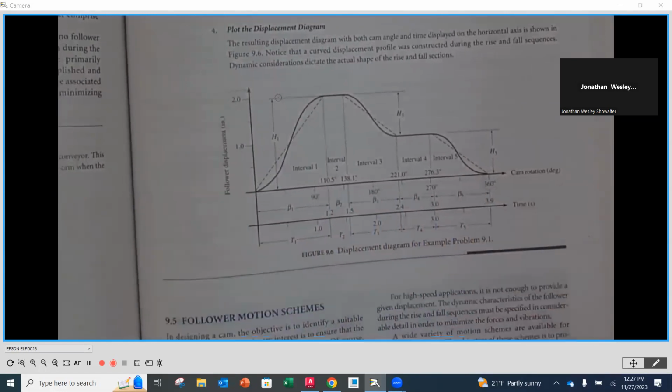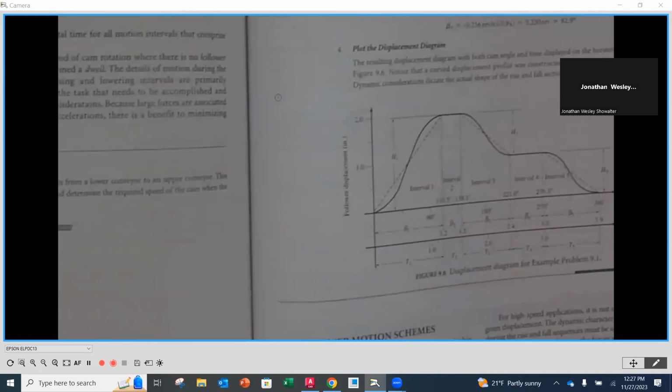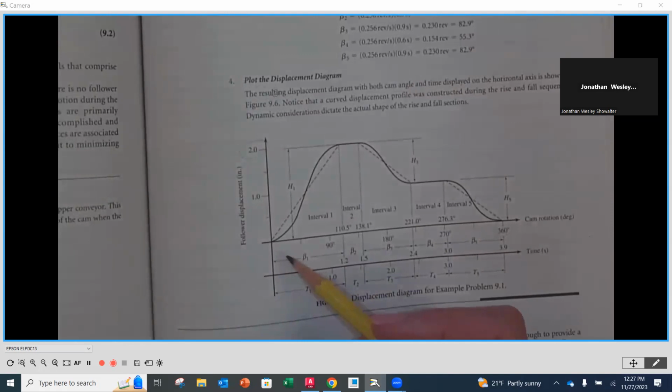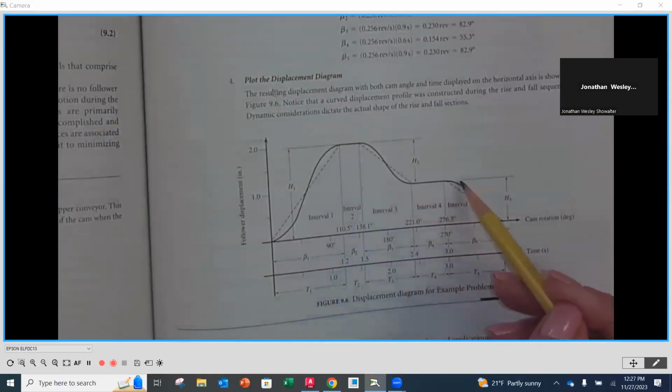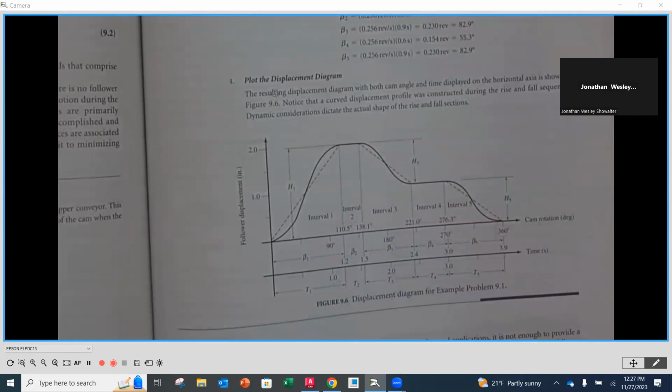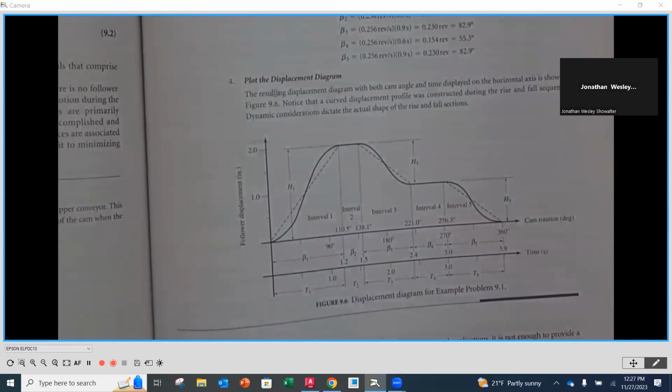But because of the lobe that this has, as this rotates around, this is what's going to allow this to go up and down and up and down. And so as we look over here, that's kind of what we're looking at. We're looking at a graphical representation of that distance or displacement that's occurring for that follower as it's going to be in contact with that lobe as it goes around 1 time. Okay, 1 time. All right.